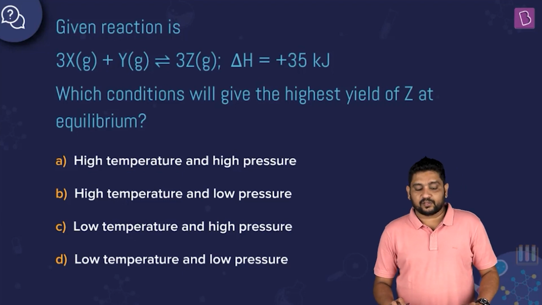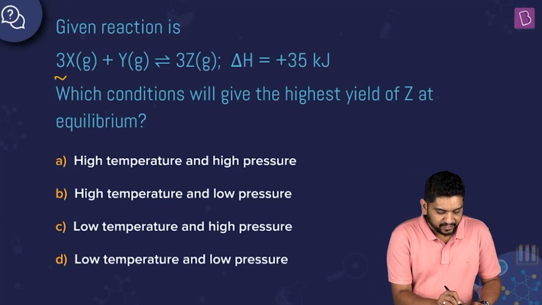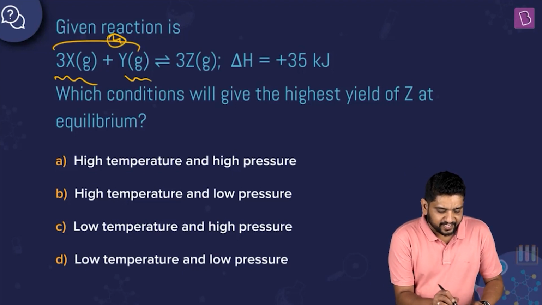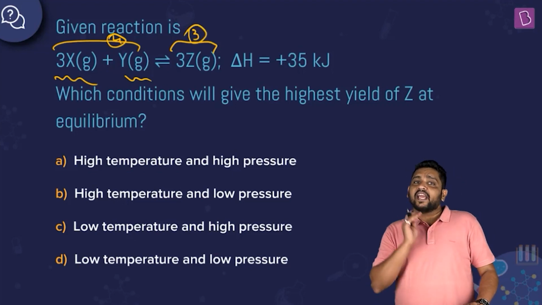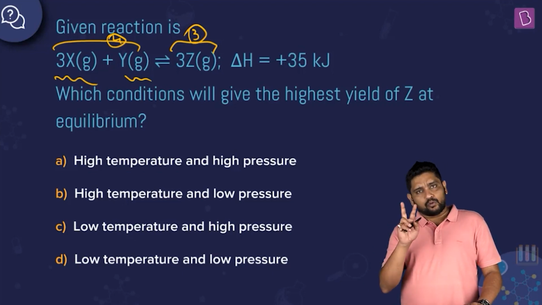Now there are two aspects to this, right. This is a gas phase reaction. Everything is in gas phase. So I have 4 moles of gases in the reactants, 3 plus 1, and 3 moles of gases in the product. So gaseous moles are decreasing in the forward direction. So here I can do two things, right.